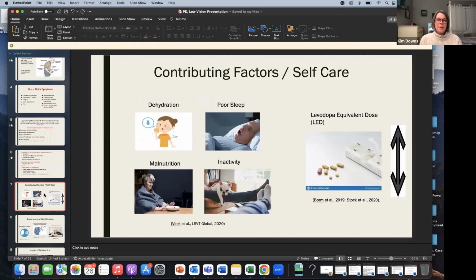So contributing factors to these visual issues include, as you can see on the right of the screen, the levodopa equivalent dose. That's how dopamine is being replaced in the body.